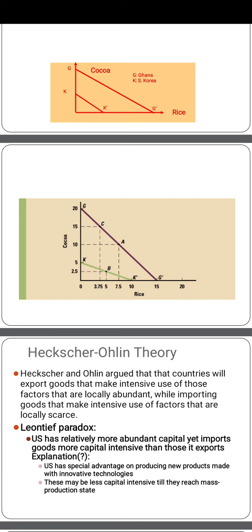So here it is applicable that the opportunity cost of a particular good's production is the amount of another good that must be given up in order to produce one more unit of that particular good. So this is the diagrammatic presentation of that particular comparative advantage theory.